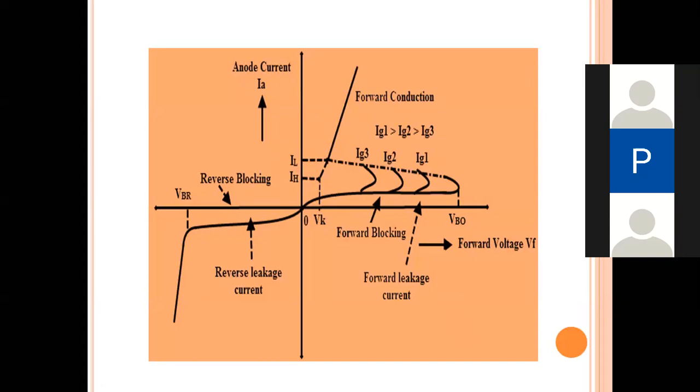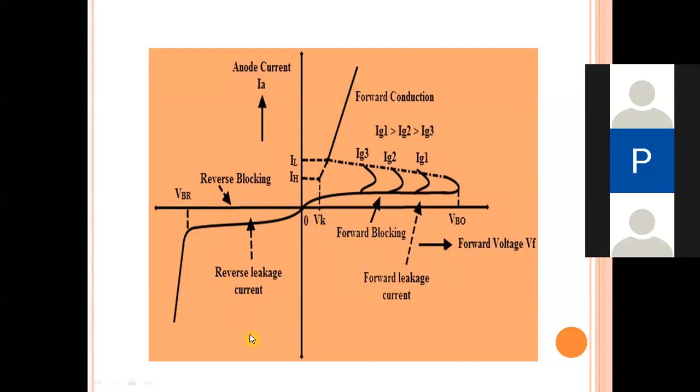IL is the latching current, and IH is the holding current. The single line definition for the latching current is: it is the minimum current required by the device for latching from its blocking state to the conducting state.